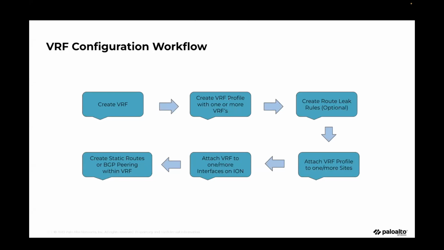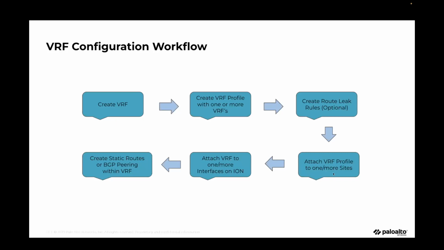So you define a profile with one or more VRFs, and then you can create route leak rules. Again, this is optional. If you want to say that I want to import this particular subnet from VRF red to VRF blue, you can define a rule for that, and the system will automatically import and export the routes. Then you would attach the VRF profile to one or more sites. So like I said before, you might have one profile that is applicable to 10 branch sites.